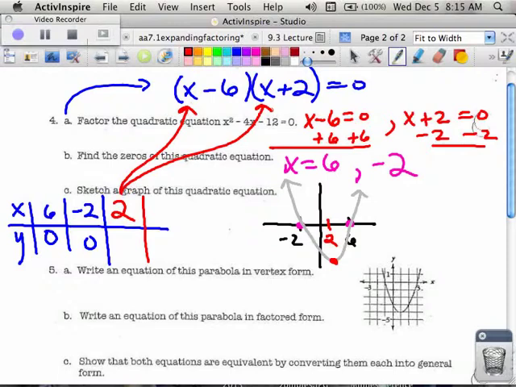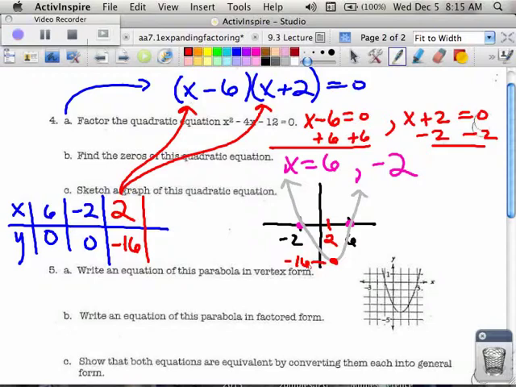So, in the first parentheses, 2 minus 6 is negative 4. 2 plus 2 is positive 4. Negative 4 times positive 4 is negative 16. That means that that vertex is happening at negative 16. Or in other words, 2 comma negative 16. This is one way to do it.